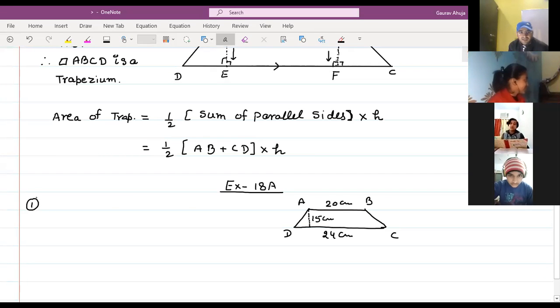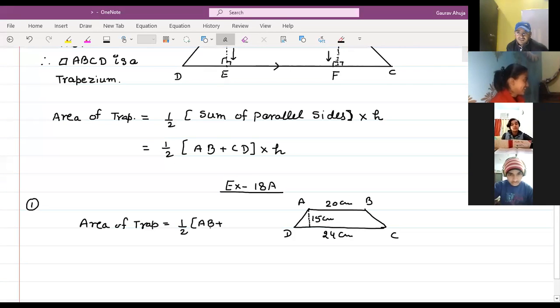Okay, so now first we'll write the area of trapezium. We'll write the formula: half sum of parallel sides. Don't write the complete formula now, because we have made a diagram.